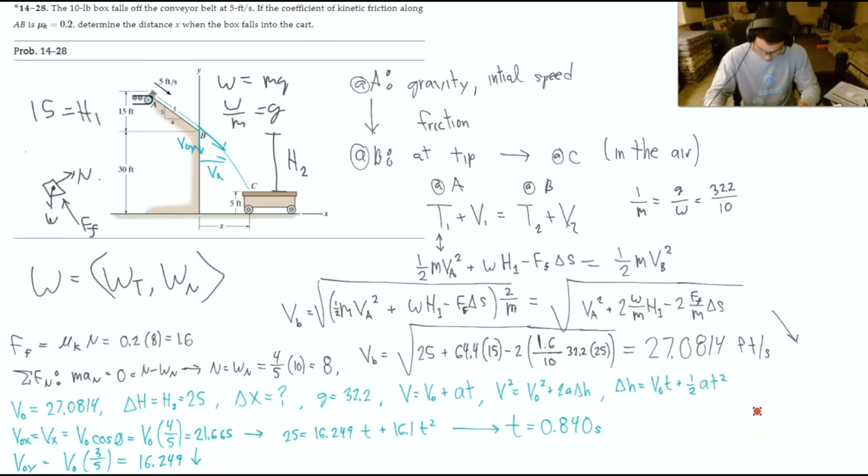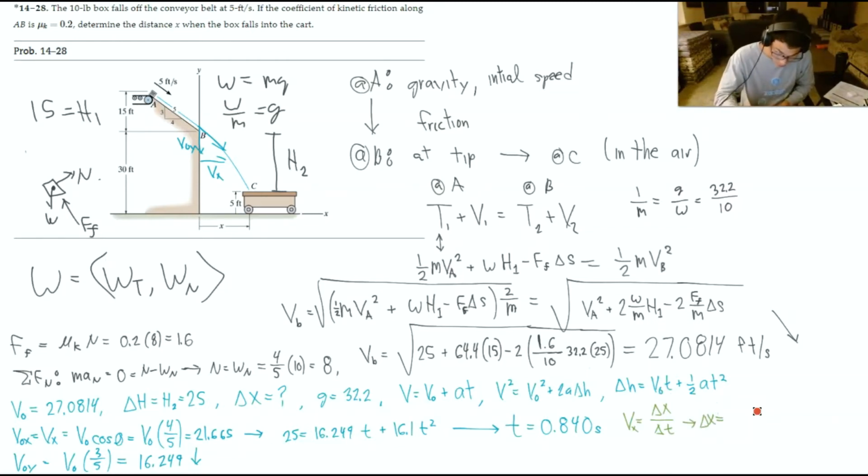Okay. So I'm going to do this part in green. Okay. So we know that V is equal to the change in x divided by the change in time. Vx. So we know change in x is going to be what?